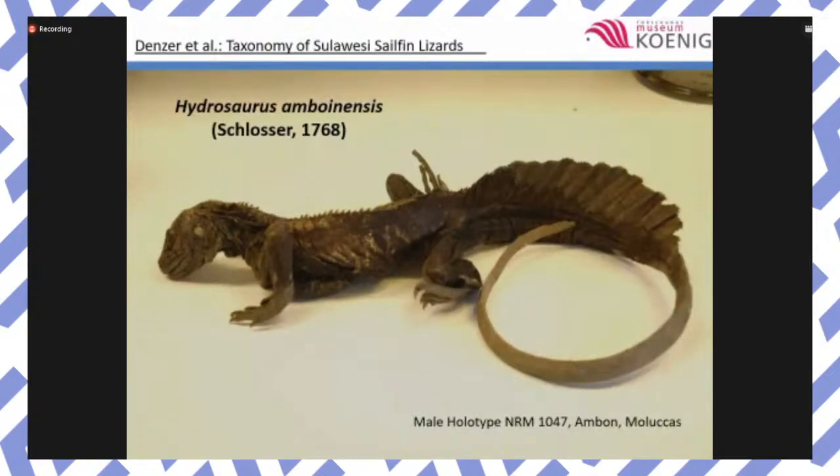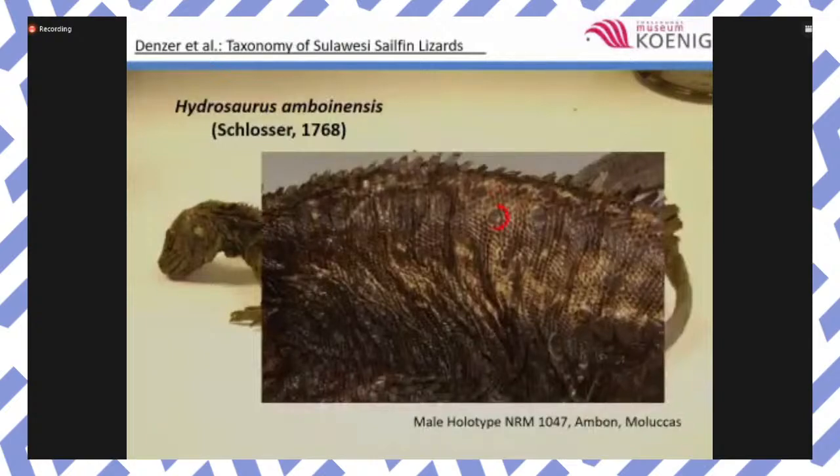And today the specimen, which is now kept at the Natural History Museum in Stockholm in Sweden, is nearly totally dark brown and shows none of the nice color pattern. But what you can see are little enlarged scales on the back, but they are just single, and this is also important to keep in mind.